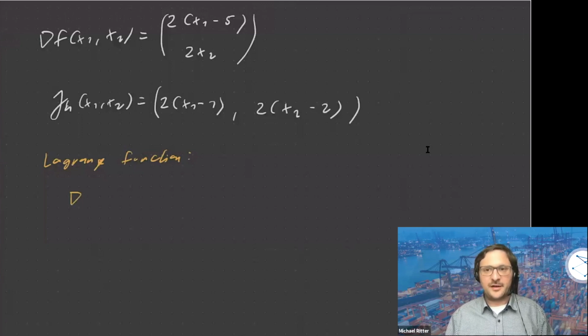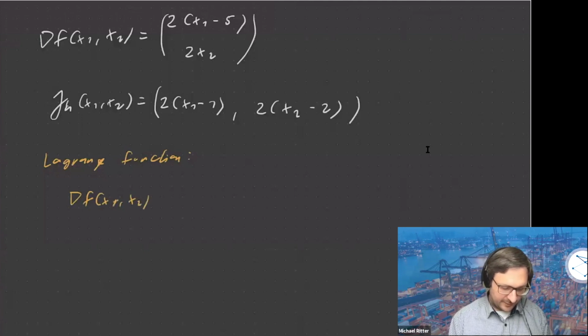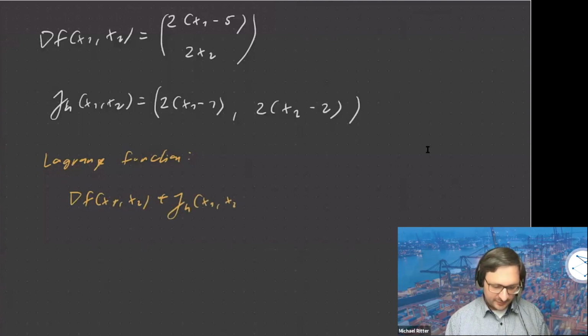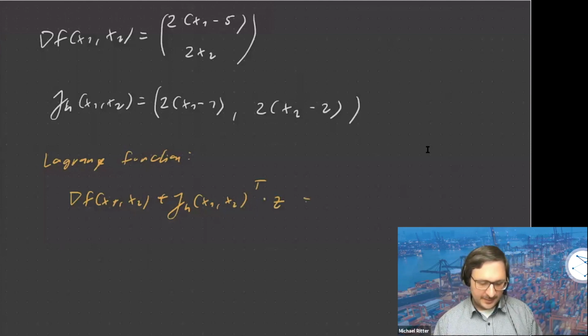So if there is a Lagrange multiplier that fulfills the following equation: the gradient of f at x1, x2, plus the Jacobi matrix of H at x1, x2, transposed, times that multiplier vector, we call that Z, is equal to 0.